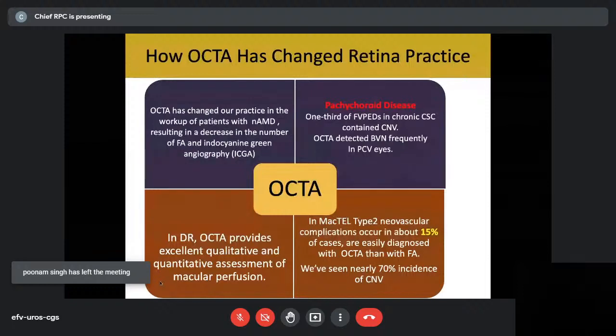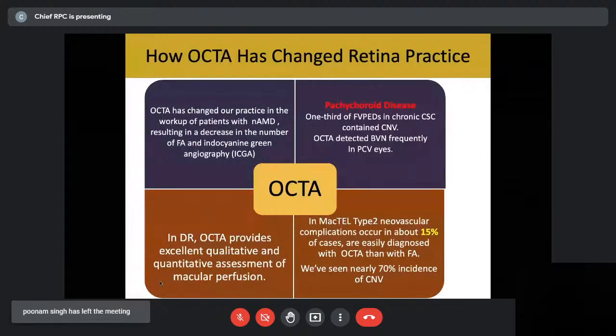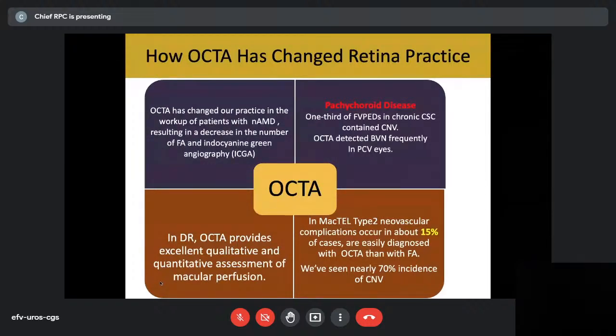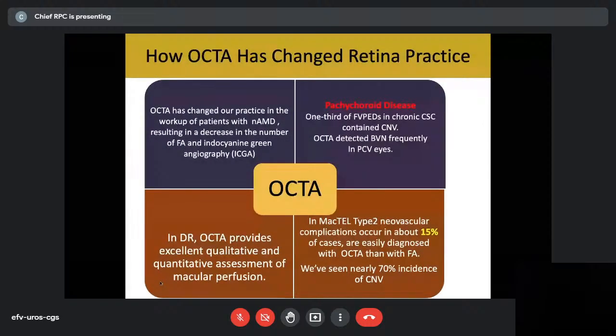That's what I have seen in the last 2 or 3 years, that I give a lot of weightage now to OCTA, because out of experience we've seen that patients who have large vascular nets on OCTA tend to bleed or get really worse in vision, with quantitative loss and qualitative loss.